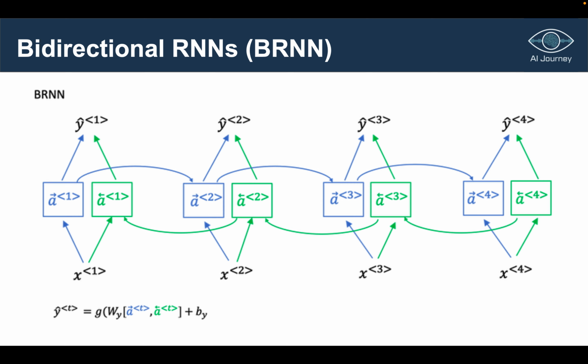We aggregate those into one activation, and we compute an output based on this new hybrid activation. And then every output is going to be in terms of the past and the future activation.